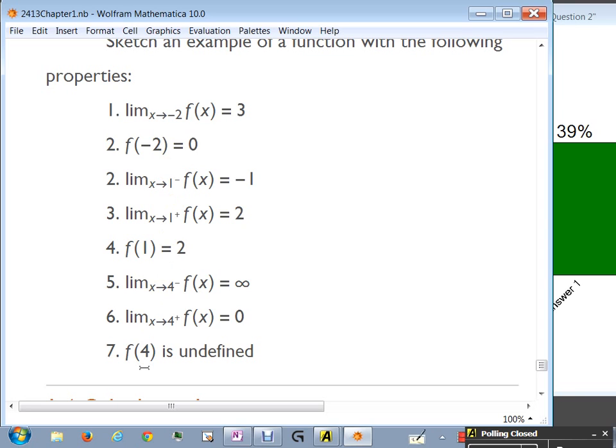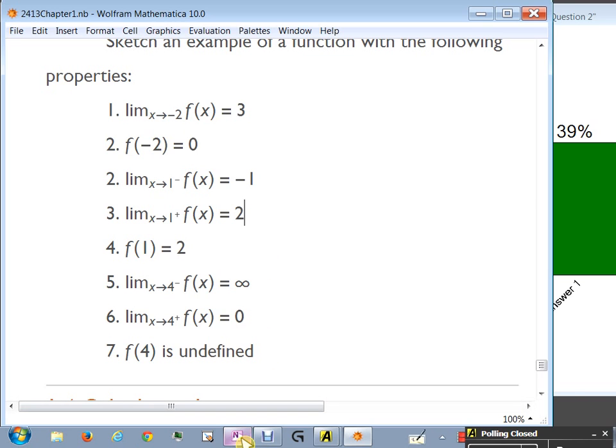So let's just keep going through these. I need the limit as x approaches 1. What does the negative up there mean? From the left. That means as I draw my function, as I'm getting closer to 1 from the left, I need it to be headed where? -1. But as I approach 1 from the right, I need to be headed towards +2.